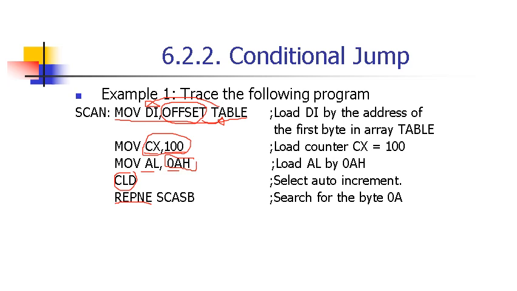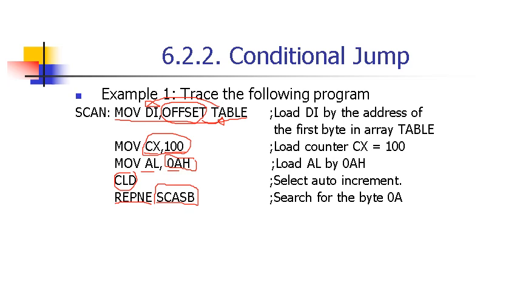All right, so this is scan string byte by byte. This instruction is repeated if every byte to be checked against 0A is not equal to 0A. So it seems that we have a table or an array of 100 elements, and we are trying to check every element, starting from the very beginning, against 0A.